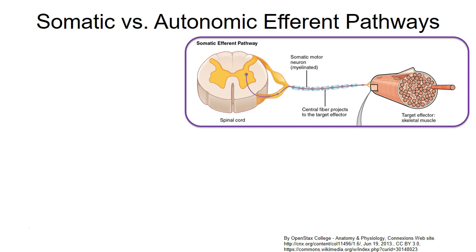Okay, so here, somatic versus the autonomic. So what am I talking about here? Remember what we said. Somatic, the effector is what? Skeletal muscle. Here, the effectors, the targets, are going to be cardiac muscle, smooth muscle, and glands. In both cases, the signal starts off in the central nervous system.